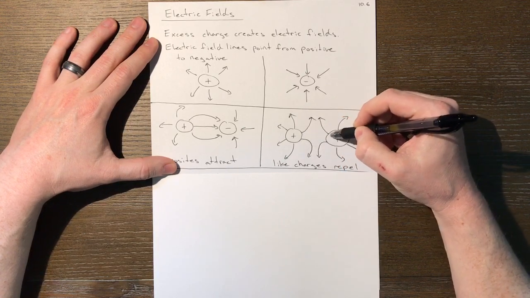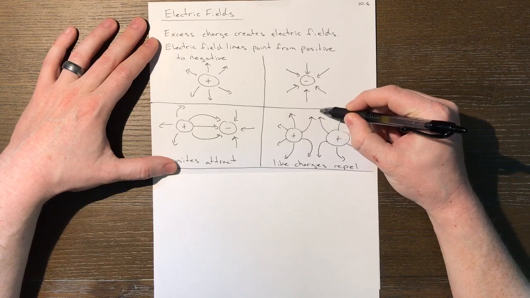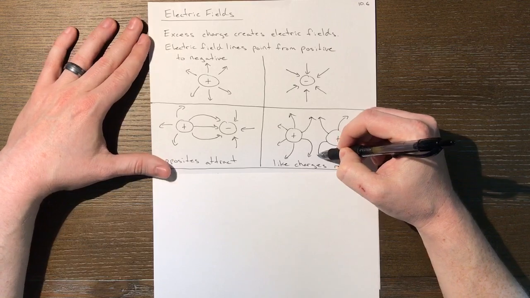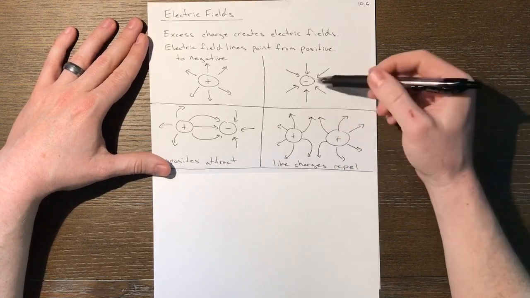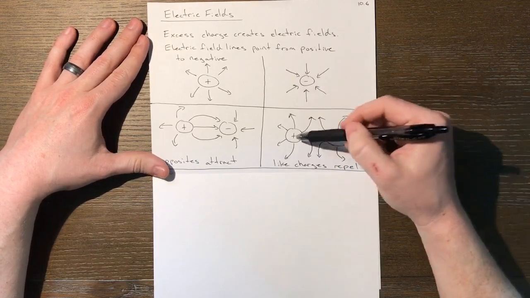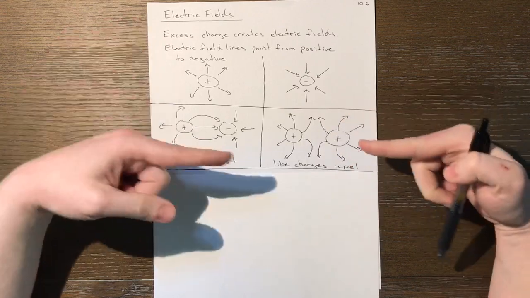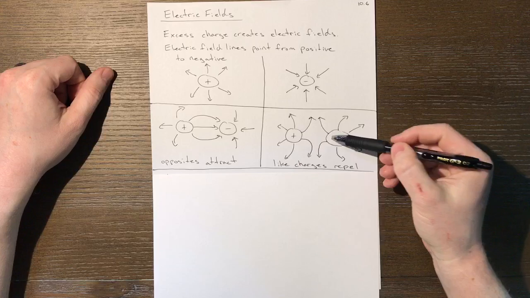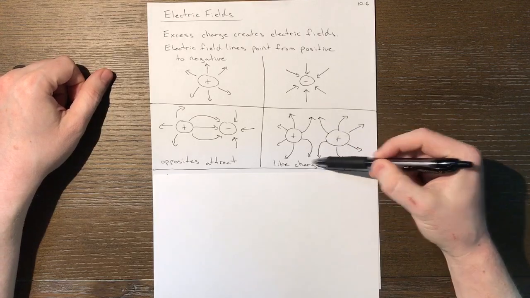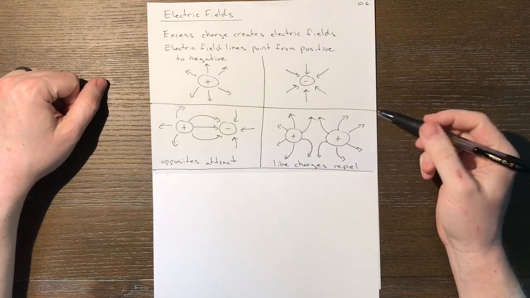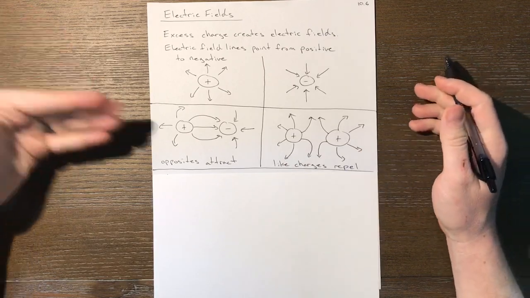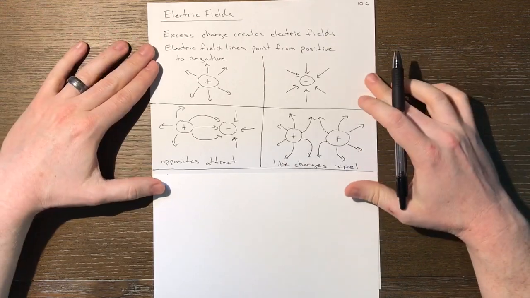We need them to point away, so they go outwards and then they bend away because they don't want to point at the positive charge. They would only want to point at negative charge. So when you have two positive charges nearby, those field lines come out and then push away from each other. You can see in this diagram the field lines pushing each other away. And this is another interpretation of why like charges repel and why opposite charges attract.